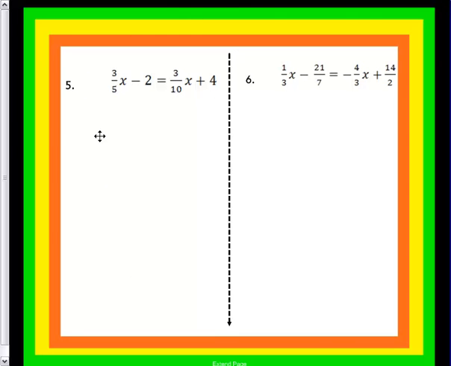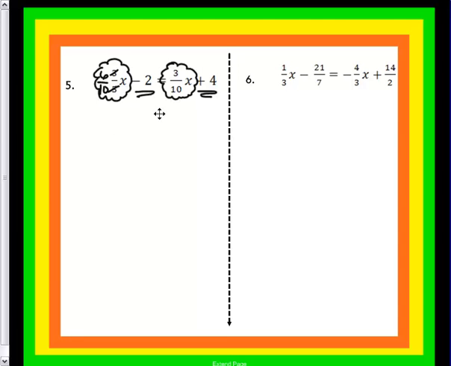Okay, so let's try 5 and 6. If we look here, we've got a negative 2 and a positive 4, so those combine. And then we've got this 3/10 x and this 3/5 x. Okay, I want to combine these, but they don't have like denominators. So we need common denominators, so this would be 6/10 instead of 3/5.